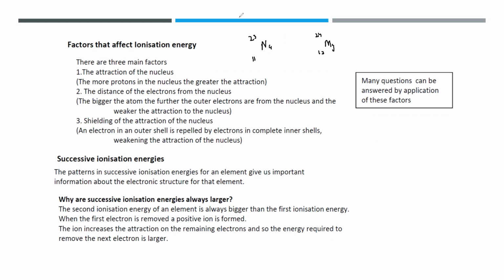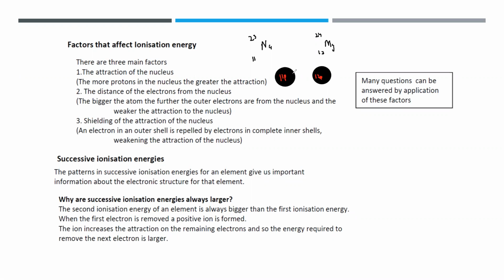When we draw the structure for sodium, the nucleus of sodium will have 11 protons. But when we draw the nucleus of magnesium, it will have 12 protons.